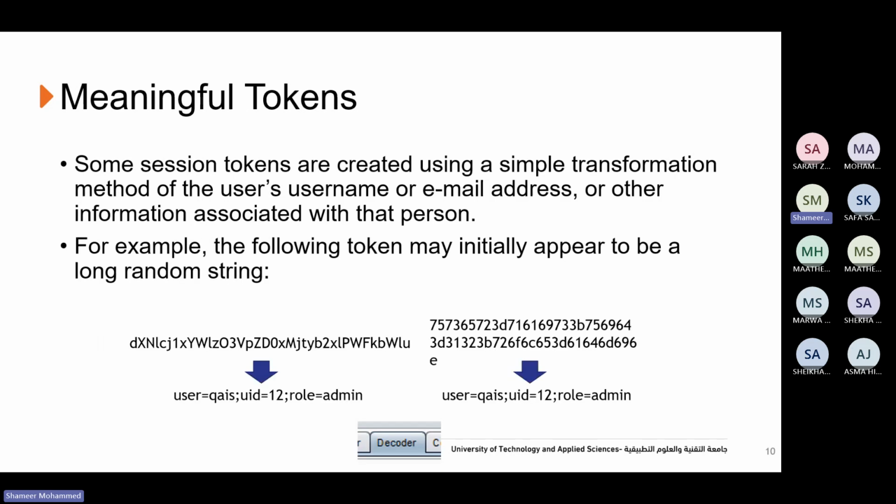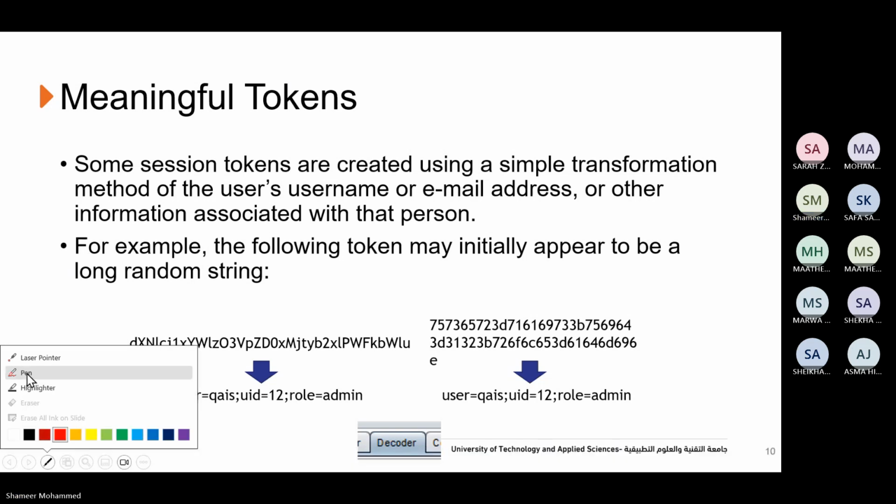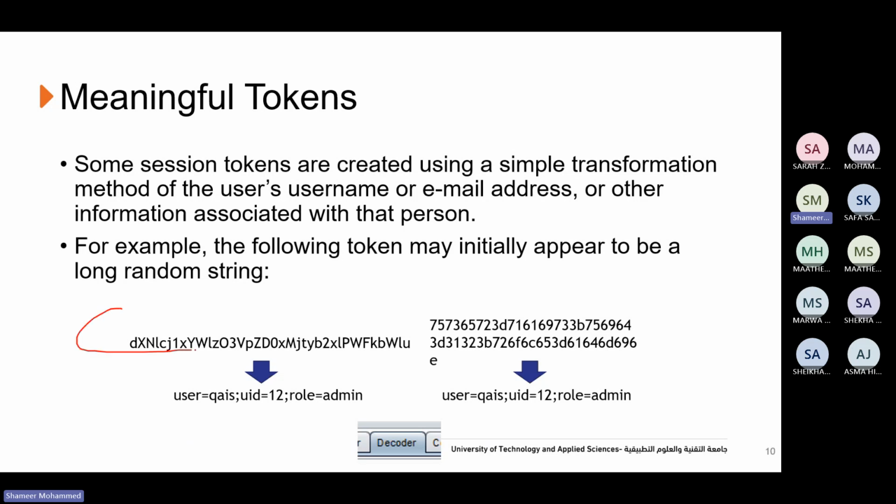Now, first one is meaningful token. So your application is generating a token like this. Then it is easily decoded using tools like Burp Suite or any other sniffing tools or packet analyzing tools.